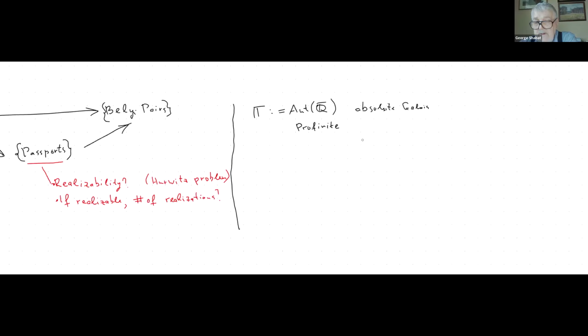It is a topological group, and it is totally disconnected, like the Cantor set.